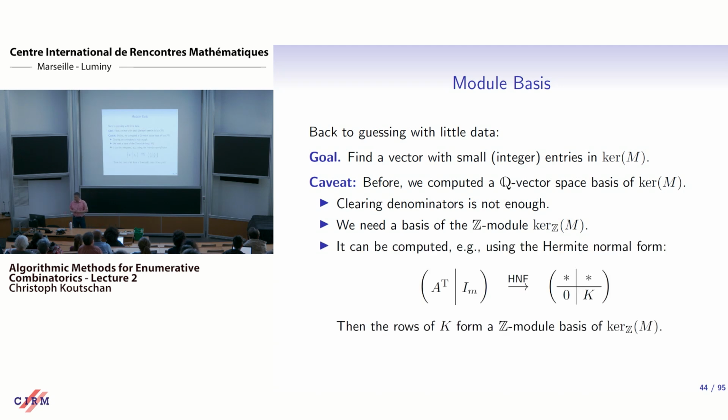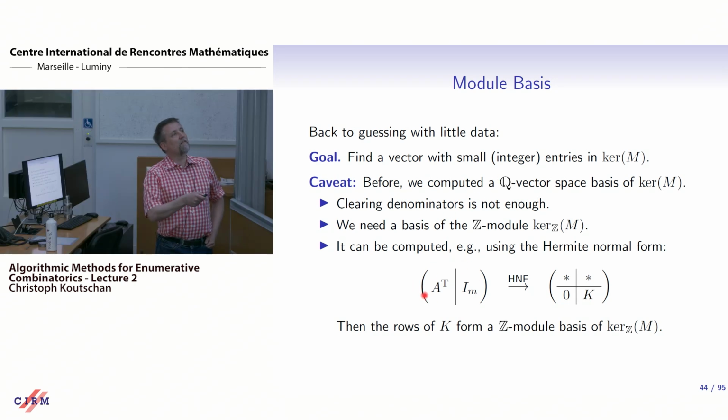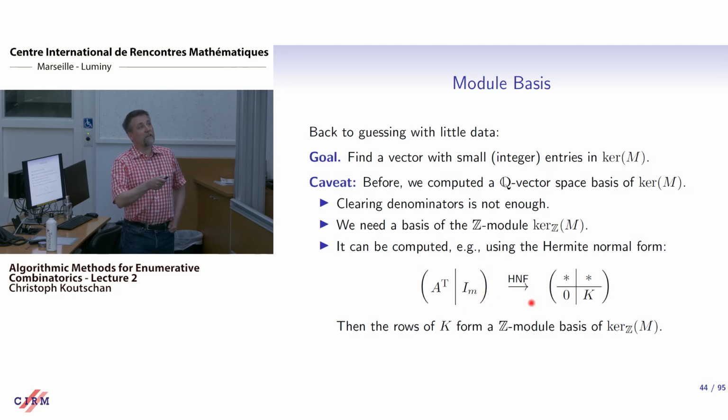But luckily this can be computed, for example using the Hermite normal form. So this works as follows. You take your matrix, this A should be this matrix M. You attach the unit matrix of the suitable size, then you do the Hermite normal form algorithm, and then you get a matrix that is in echelon form, and you take all the rows which have an appropriate number of zeros.